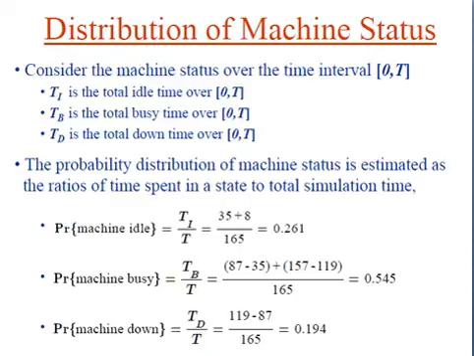So let Ti be the total idle time over the whole interval, Tb the total busy time over the whole interval, and Td the total downtime over the whole interval. So here the probability distribution of machine status is estimated by the ratios of time spent in a state to total simulation time.